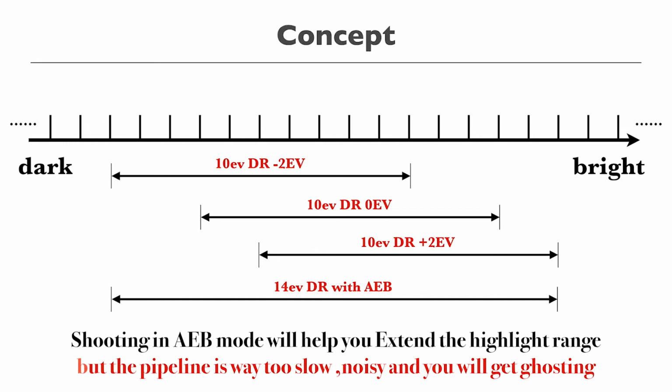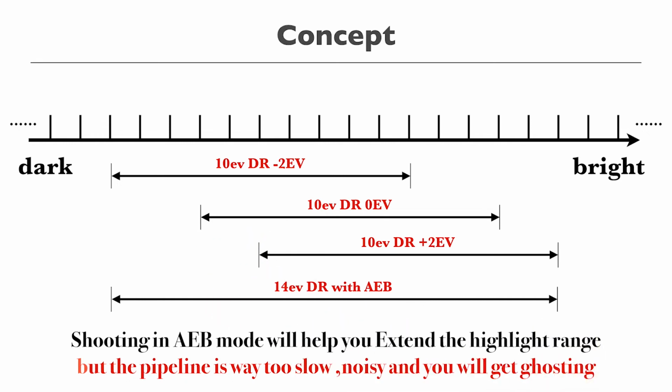One more thing is that it's very hard for you to make alignment in post-processing for three different individual exposures. That is a very difficult point in the HDR technology. The pipeline is too slow, it's noisy, and you will get ghosting because the alignment is very hard for the computer, for the algorithms. These are three completely different shots. So slow, noisy, and ghosting.